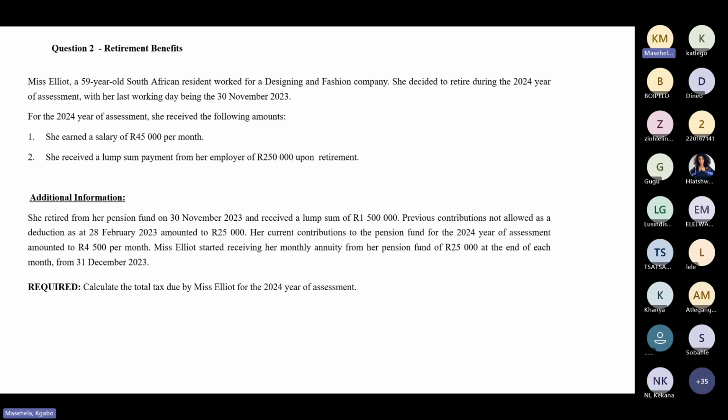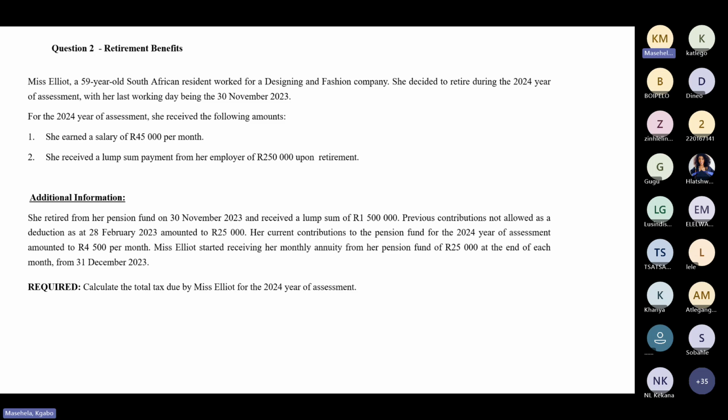And retirement benefits are subject to be taxed at different rates as compared to those individuals that are still actively working. Those who are still working have the individual tax table. But retirement benefits have their own table, because we need to use our common sense here.